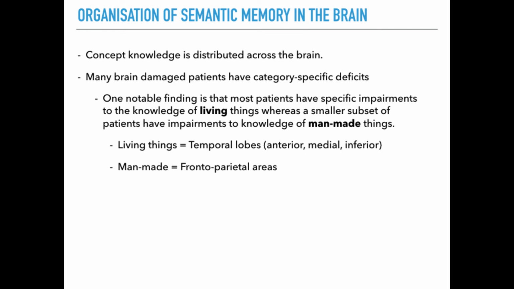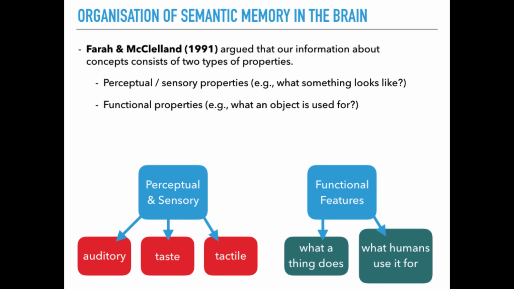Now, in trying to explain these patterns of deficits, Farah and McClelland argue that our information about concepts consists of two types of properties. We store information about the perceptual and sensory properties of an object, and we also store information about the functional features or the purpose of the object.